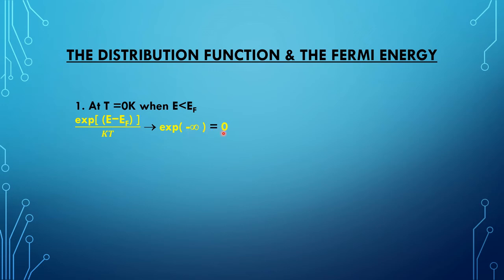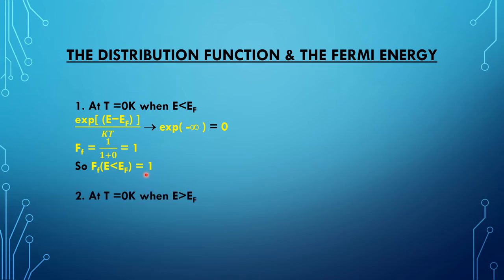So that is equal to 0. So we get the Fermi distribution function as 1 divided by 1 plus 0, that is equal to 1. So in this condition we can say that the Fermi distribution function, when electron energy is less than the Fermi energy level, we get the 1 value or unit value.